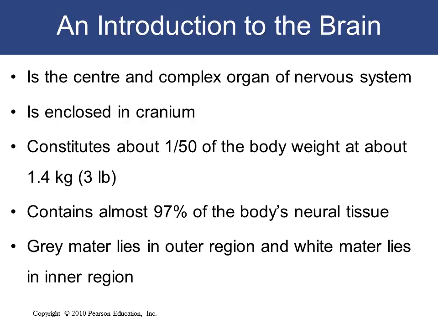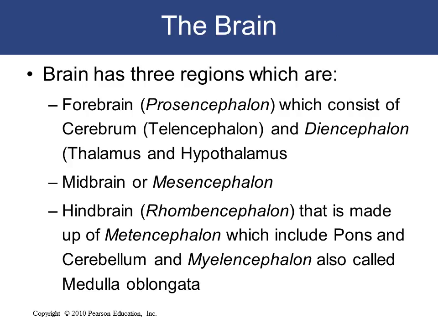All these neurons form the gray matter, which lies in the outer region, and the white matter, which lies in the inner region of the brain. The brain has three regions, which are the forebrain, midbrain, and hindbrain.